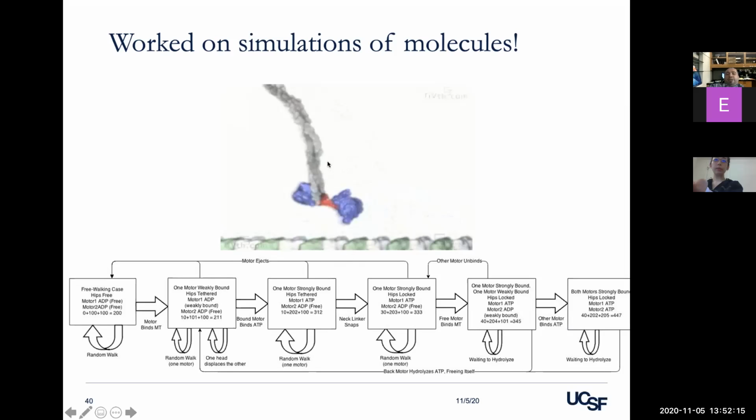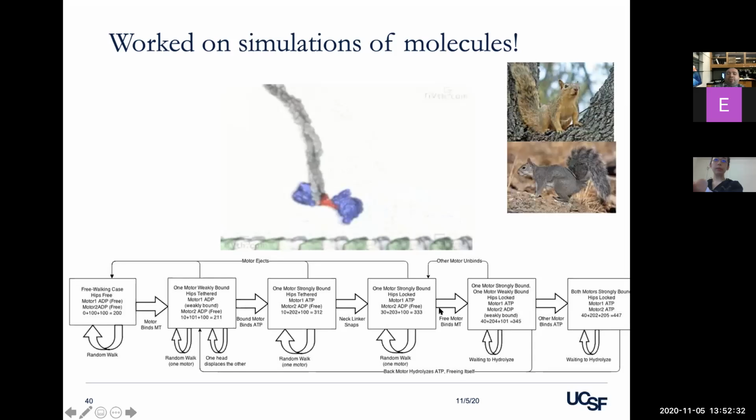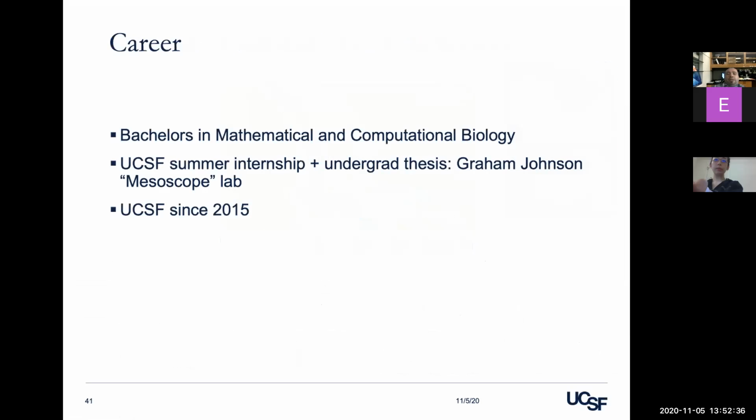And then it basically does its little walk and switches feet. And so what I was working on is basically how to model computationally this effect. I briefly also worked in a squirrel lab, but that's a story for another day. And that's it. And then I came to do a PhD at UCSF, and I've been here for a very long time, I guess.